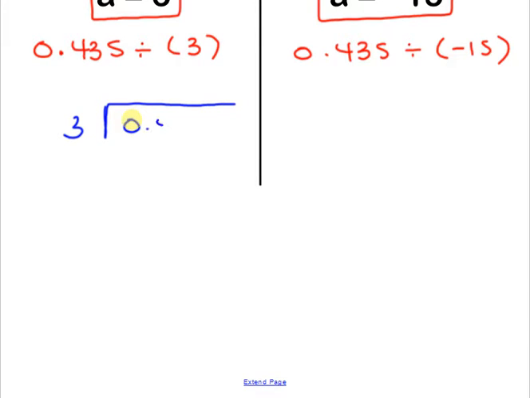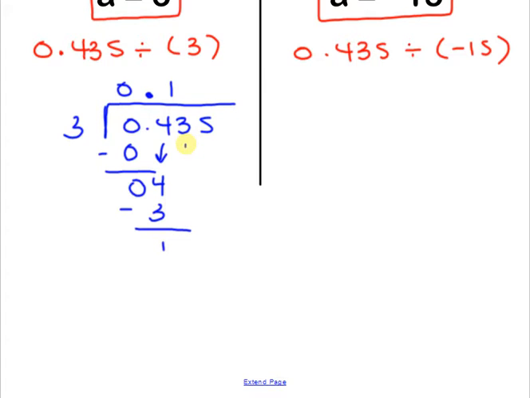So 0.435, bring my decimal point up to the roof. 3 goes into 0 0 times. 0 times 3 is 0. Subtract. 0 minus 0 is 0. Bring down the 4. 3 goes into 4 1 time. 1 times 3 is 3. Subtract. 4 minus 3 is 1.